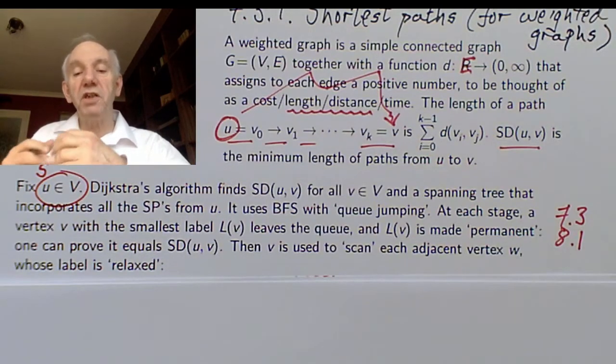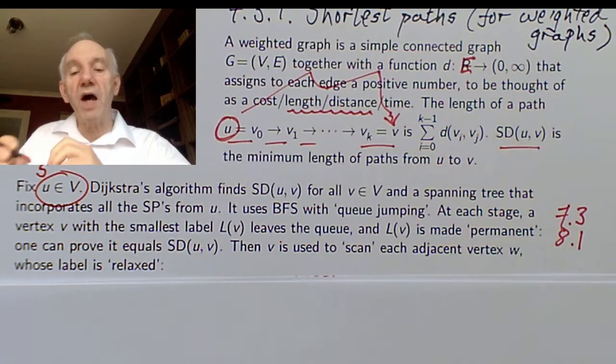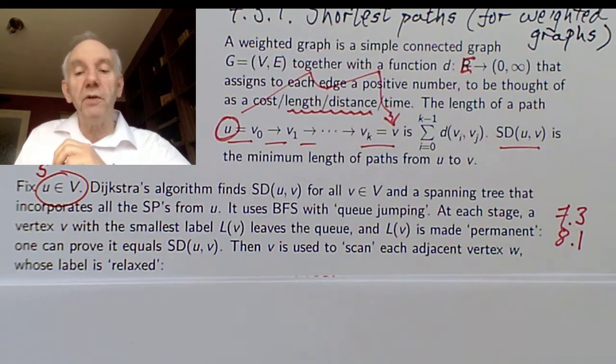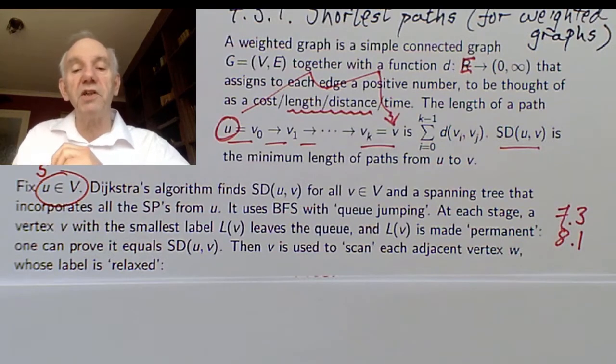So the idea is that at each stage it's like that vertex has jumped the queue. It might not have been the first vertex you put on the queue, but because it's labelled as least, it jumps to the top of the queue, and that's the vertex you use to then look at the next set of adjacent vertices.